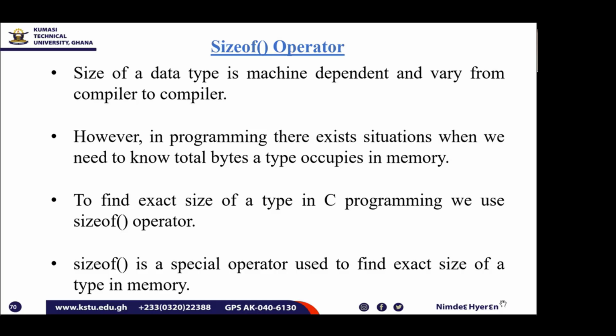So to find the exact size of a type in C programming, we use the sizeof operator. This is a special operator that is used to find the exact size of a data type within the memory.